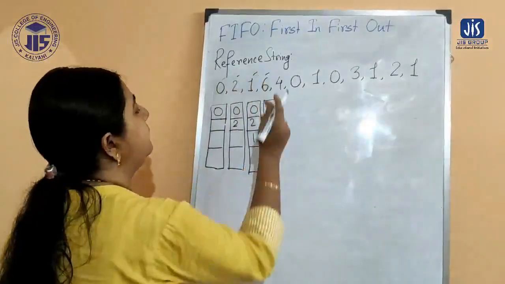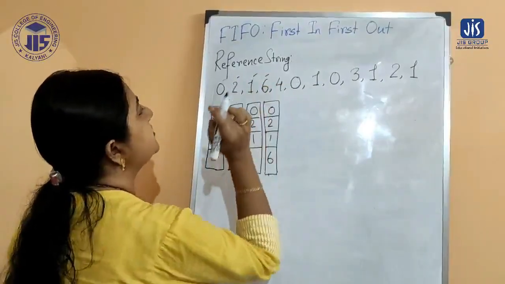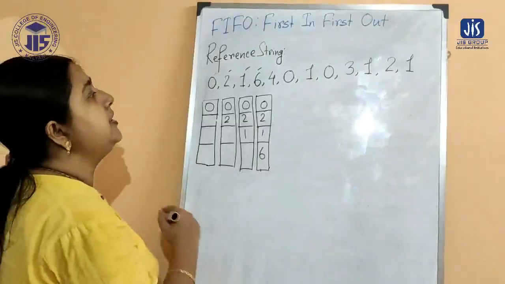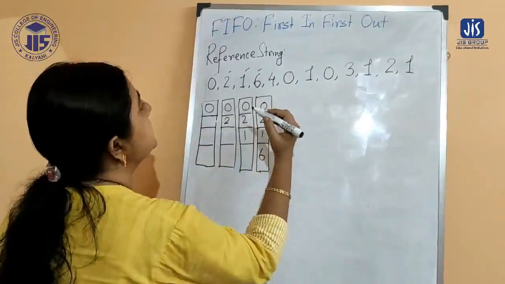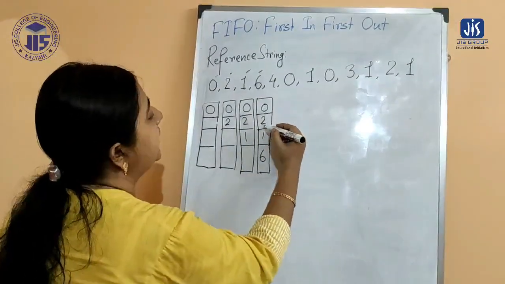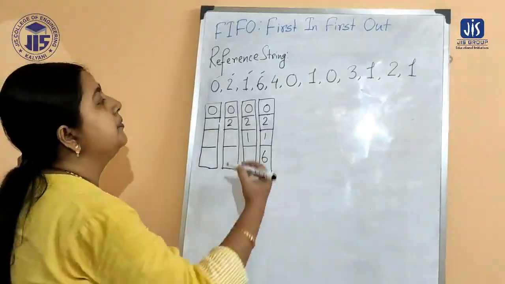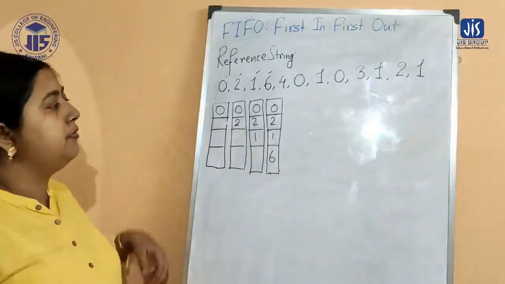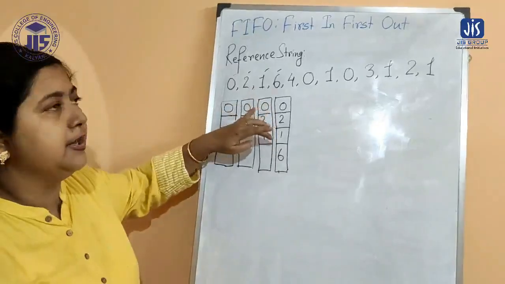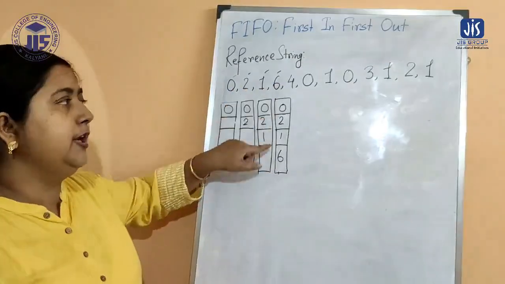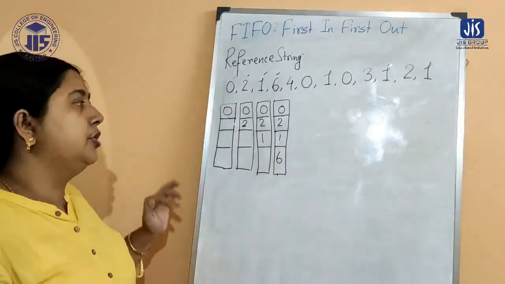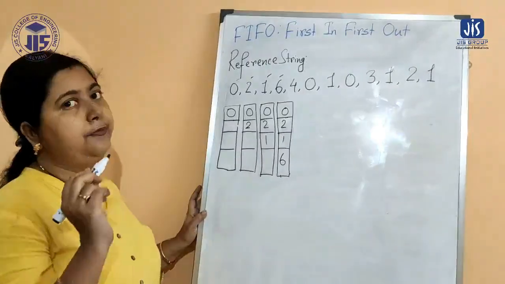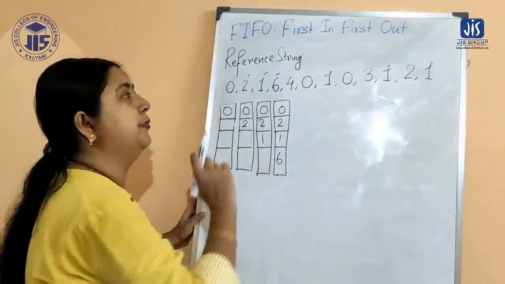But after 6, the next reference is 4. Now we need to search if this reference is already in my main memory. In my main memory we have 0, 2, 1 and 6. So 4 is not present here, and we need to replace a frame and load 4 here.